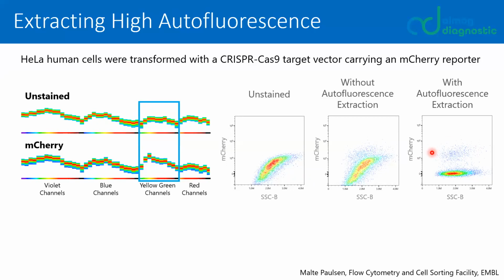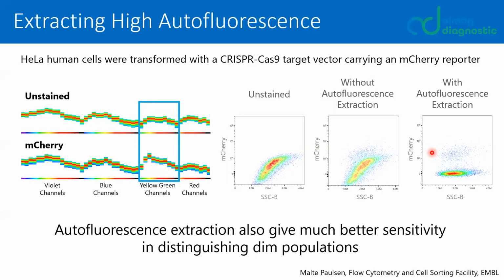So it is an extremely useful tool in case of dim populations, and also in case of cells that have high autofluorescence. For example, cells that come from inner organs, or cells from tumors, or tumor cell lines, or senescent cells. There are many types of cells that have higher autofluorescence, and it makes it more challenging to resolve dim signals. So I think that this example demonstrates very nicely that this technology is highly sensitive for dim populations.